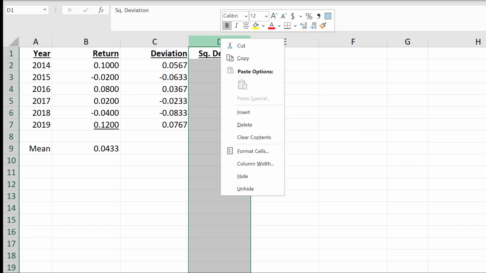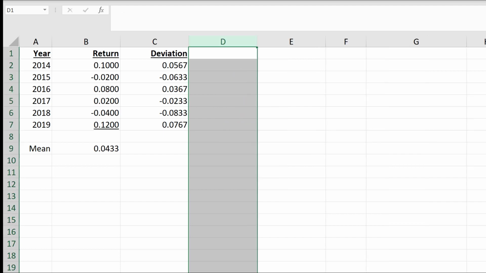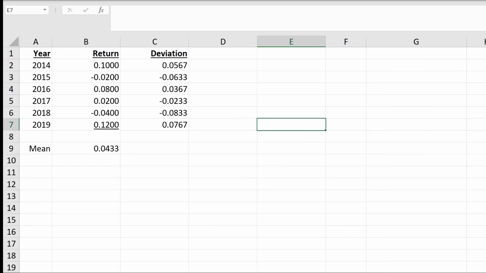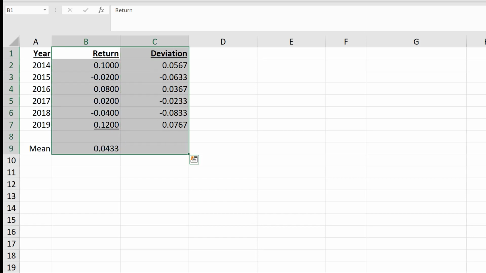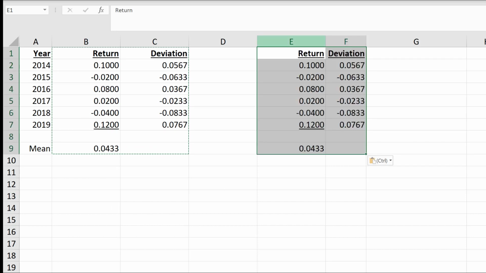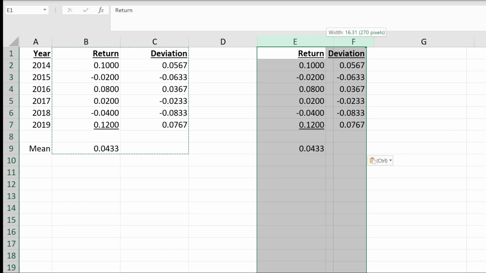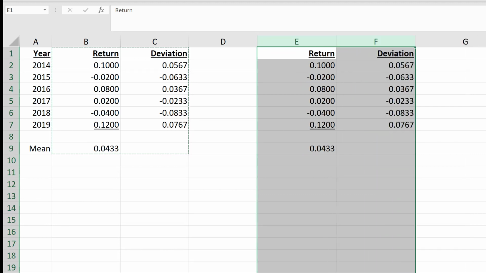I'm going to do this by rewriting the deviations real quickly. The first thing I'm going to do is copy these columns over here and duplicate them.